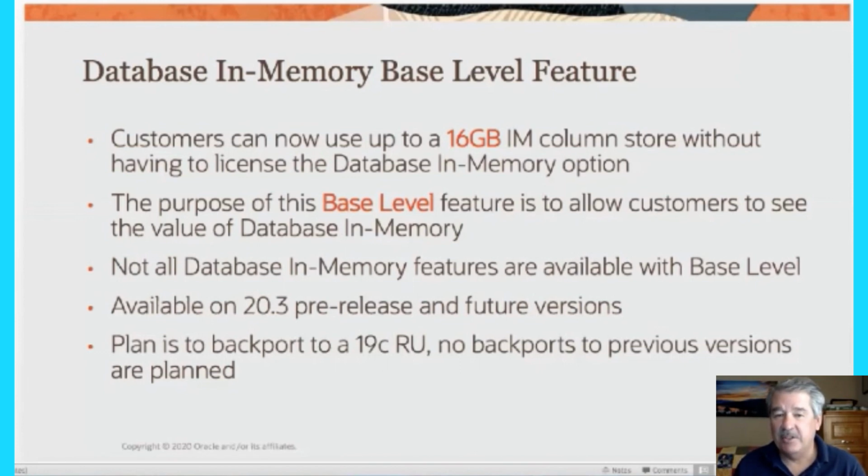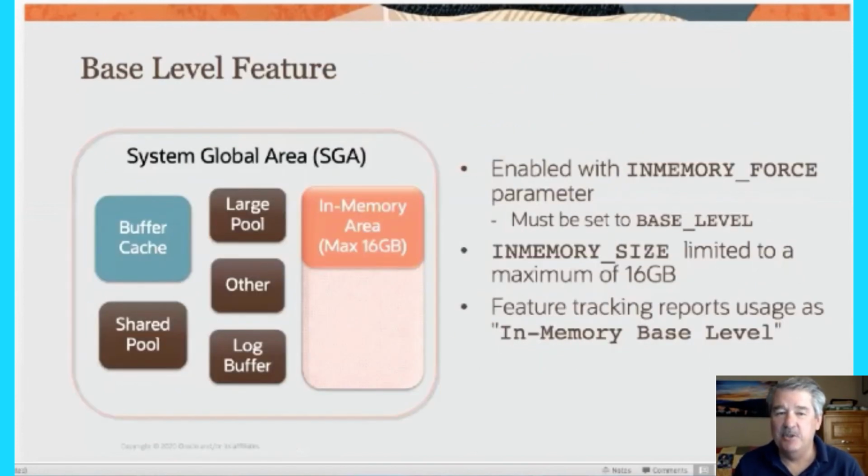How this works: I have my normal picture that I usually use showing how we allocate the column store within the SGA. Usually I tell people that the allocation of the column store will typically be in gigabytes, or even terabytes. We have some customers with terabyte column stores. So it formerly would have been a big picture.